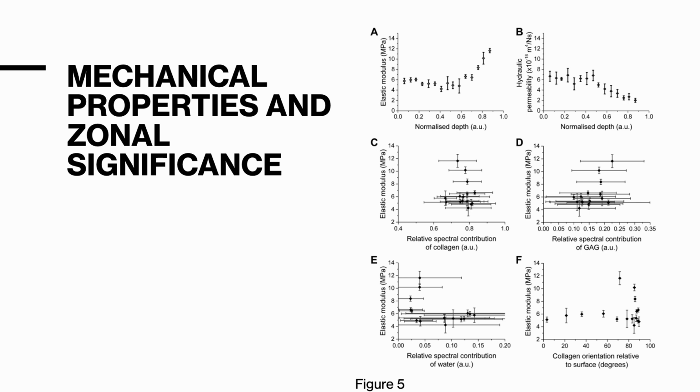Instead, alignment and microstructural features, which we can particularly infer from the 1668 amide 1 orientation dependence, appear to have a bigger impact on how stiff or permeable each sublayer is. This finding reinforces the idea that microarchitecture goes hand in hand with mechanical function.